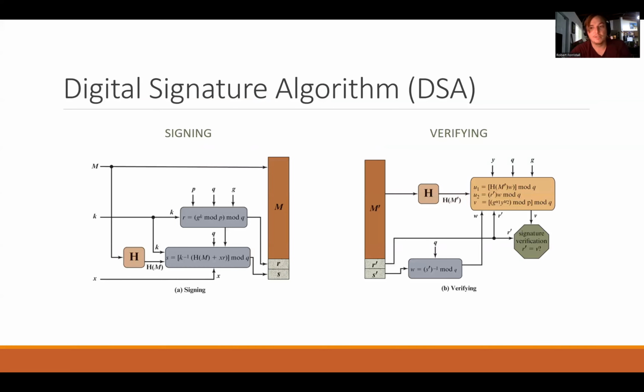And finally, we have the Digital Signature Algorithm introduced by the National Institute of Standards and Technology, NIST. This is simply a digital signature method as given by the name. So it cannot encrypt messages and it cannot generate keys for key exchange. The idea behind this is simply for identifying the owner of messages.